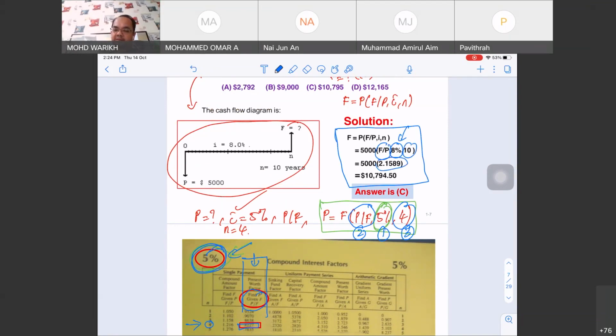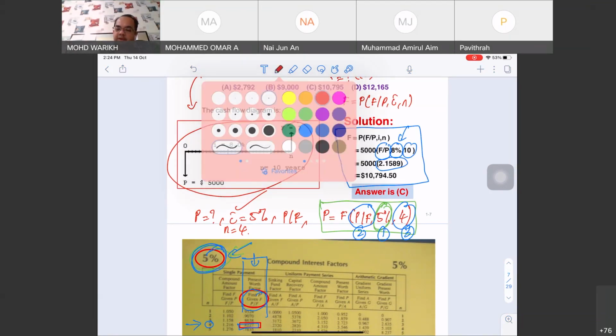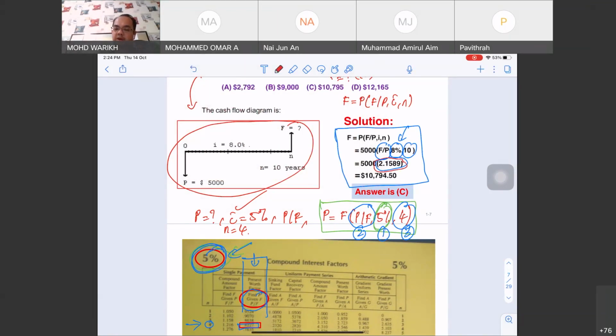You get this number tak? 2.1589. You get this number from the table, please? Please refer to the table. Yes, Doctor, I already refer. Jumpa, dapat. Okay, others, jumpa tak? Boleh dapat tak? Dapat. Okay, good. So understand? Fine, Doctor.